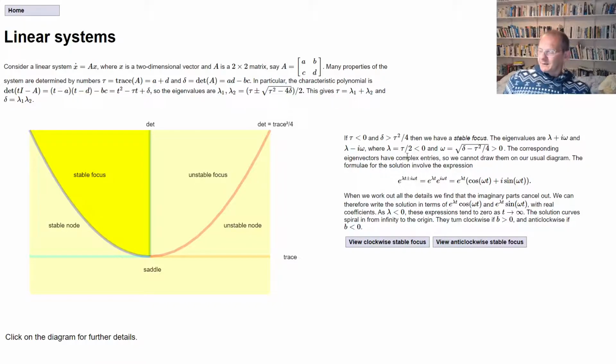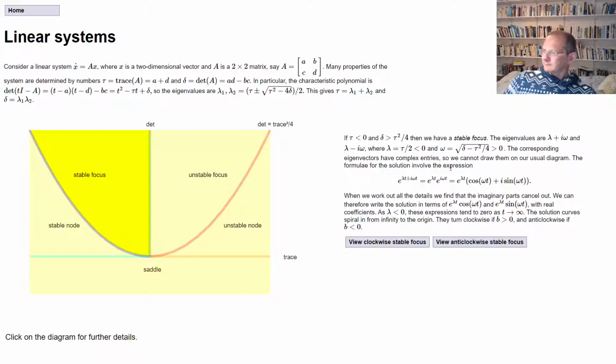If we write down the solutions, we get e to the lambda t plus i omega t, which is e to the lambda t times cos omega t plus i sine omega t, using the usual Euler relation between complex exponentials and trigonometric functions.